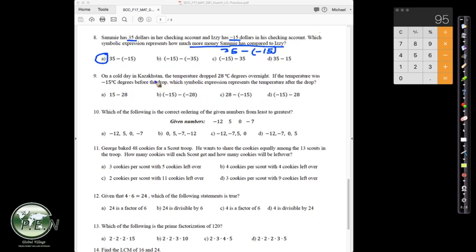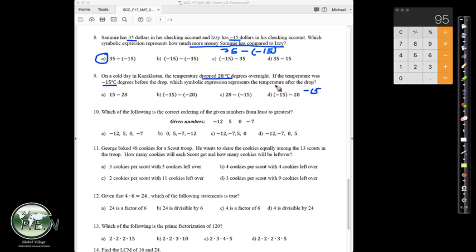Number 9, a cold day in Kazakhstan. The temperature dropped 26 degrees Celsius overnight. So that's a negative. If the temperature was -15 degrees before the drop, which symbolic expression represents the temperature after the drop? So this is our starting temperature.